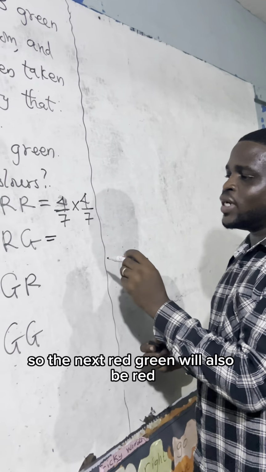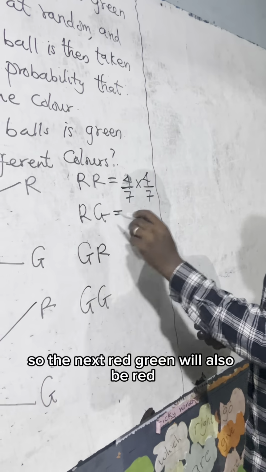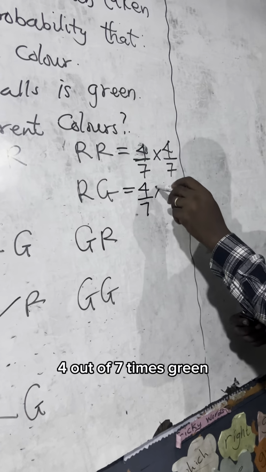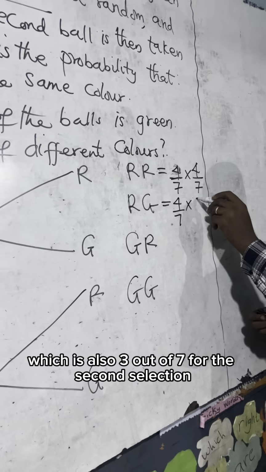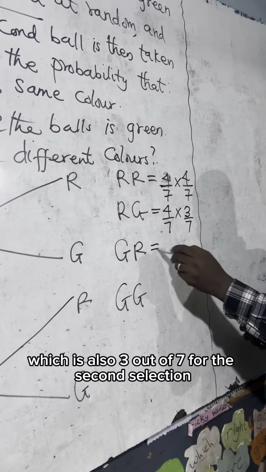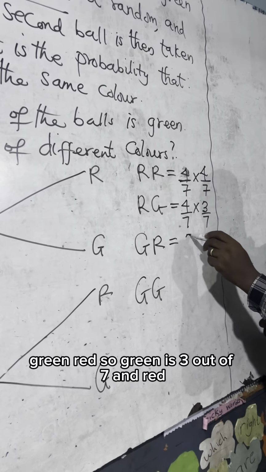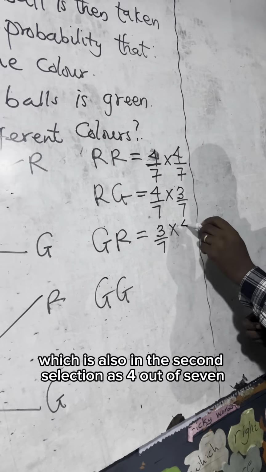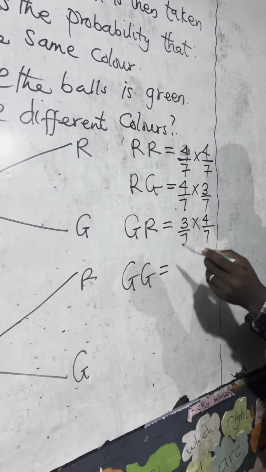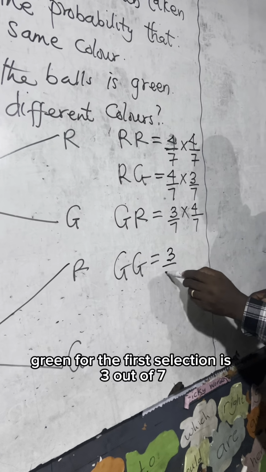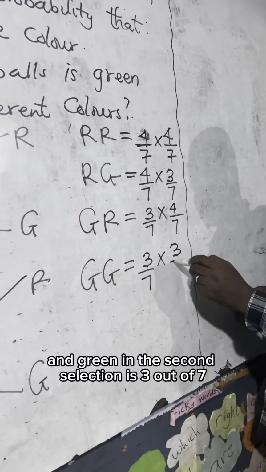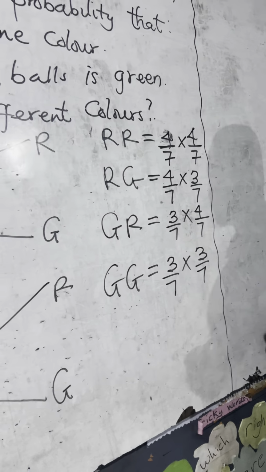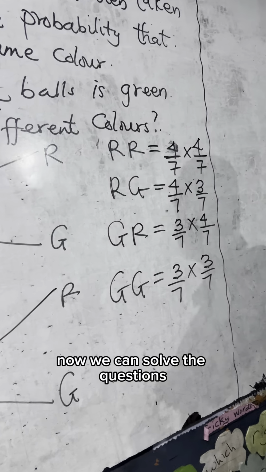So the next, red, green, will also be red, 4 out of 7, times green, which is also 3 out of 7 for the second selection. Green, red, so green is 3 out of 7. And red, which is also in the second selection, is 4 out of 7. Green for the first selection is 3 out of 7. And green in the second selection is 3 out of 7. Now we can solve the questions.